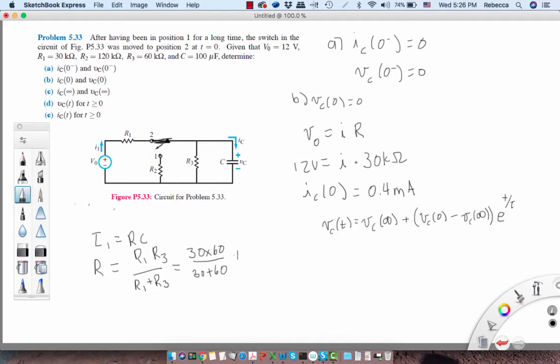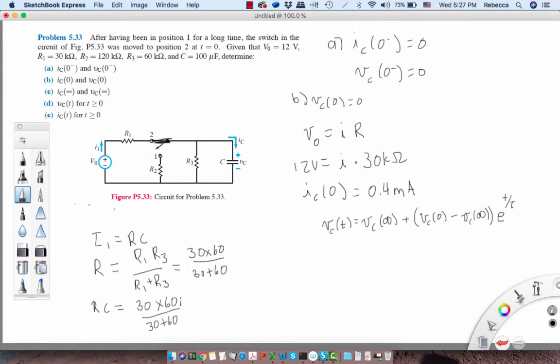So this is our R, and then RC is going to be 30 times 60 over 30 plus 60. Now this was kiloohms times kiloohms, and this is kiloohms plus kiloohms.